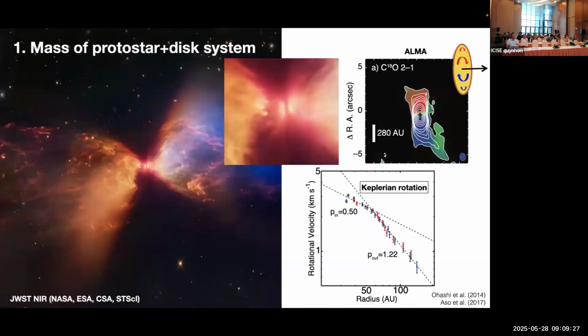Observationally, we can measure stellar mass. Here I show a JWST image of one of the young protostars. If we zoom into the center, we can see this dark line, which was discussed yesterday. If we observe a molecular line with ALMA, we can see the gas motion. One side is redshifted, the other side is blueshifted, showing a disk rotation. And from the rotational velocity as a function of radius, we can derive the stellar mass.